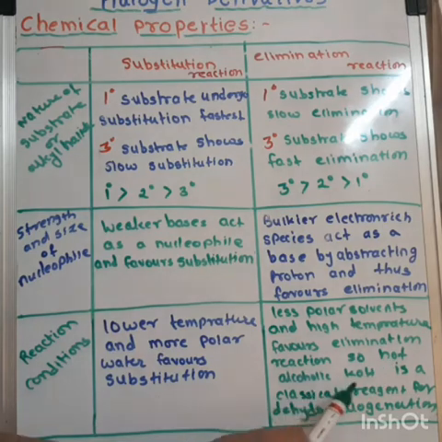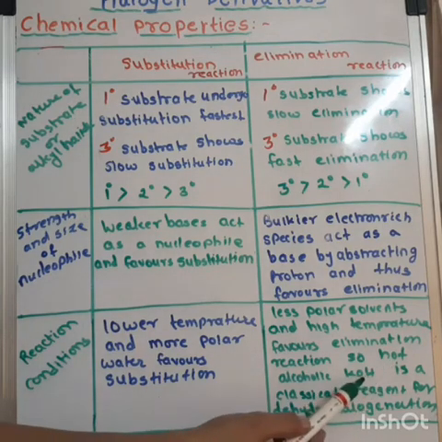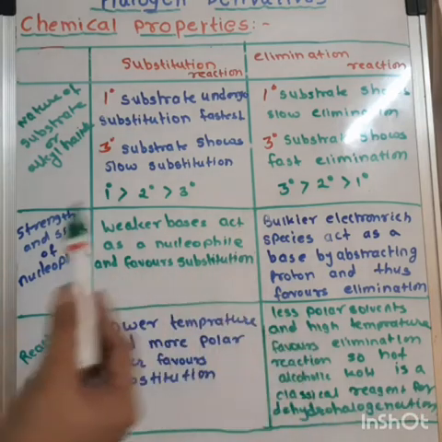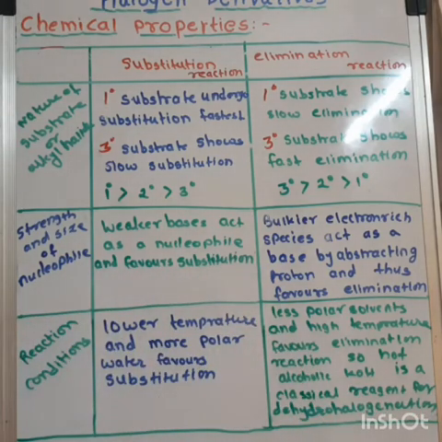So hot alcoholic KOH, hot alcoholic potassium hydroxide, is a classic reagent for dehydrohalogenation. So this was the elimination reaction in which we studied dehydrohalogenation, and this is the comparison between substitution and elimination reactions. Here we complete our next chemical property, that is elimination reaction.